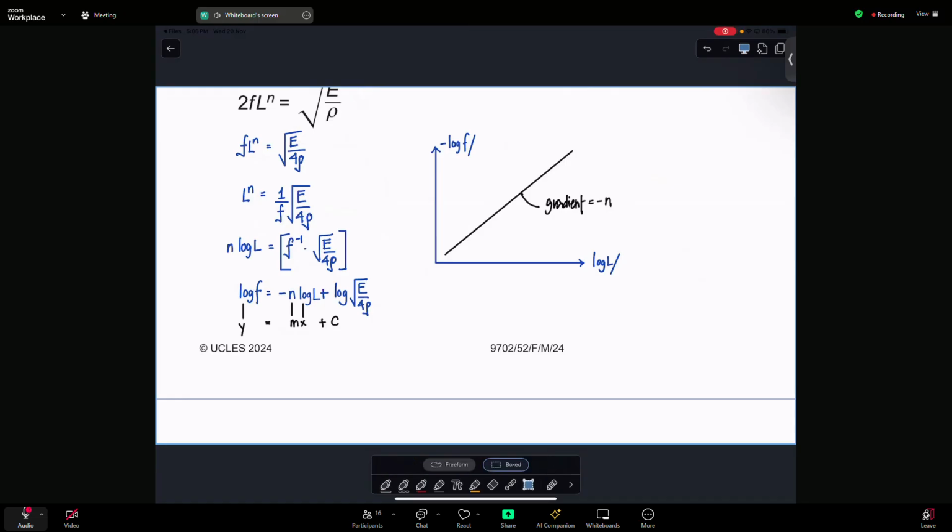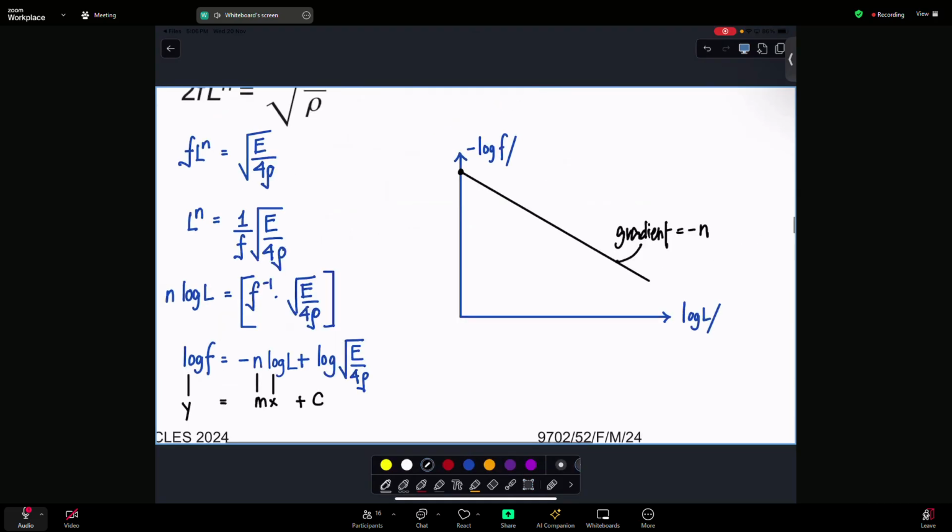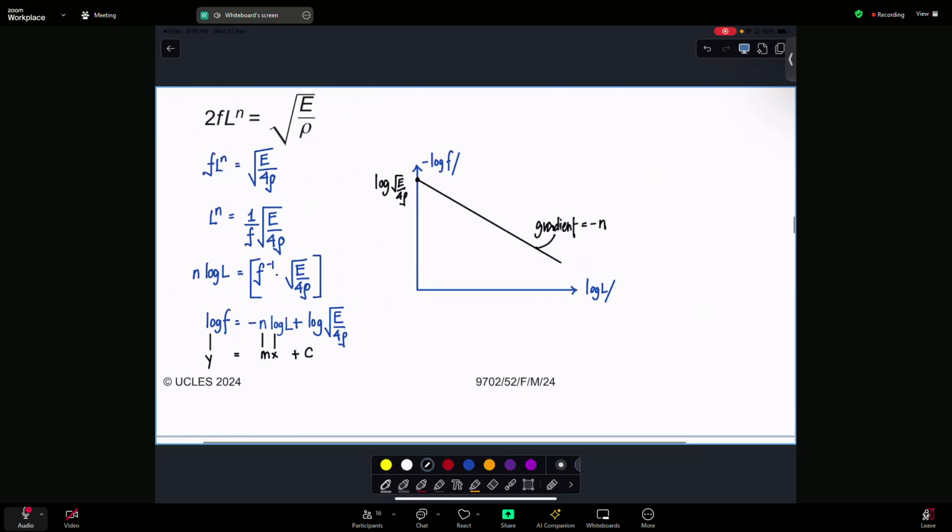And it's not supposed to be this way, it's supposed to be which way actually? That way. জানো কেন? Because it's minus gradient, right? So it's supposed to be the other way pointed. So yeah, you have this, and the y-intercept here is going to be that big expression out there, which is log root e by 4 rho. এখন এক্সামে একটু করে কিন্তু কোনো মার্ক দিবেন, because the mark is not for doing this.